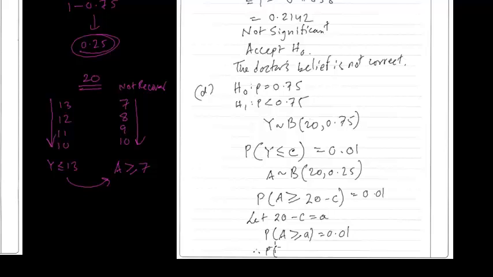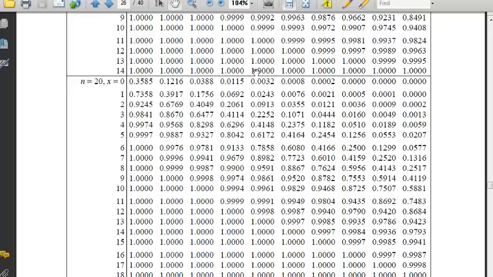Now by the discrete rule, if you want to find less than or equal to from the table, this is going to be 1 minus the probability of A less than or equal to a minus 1 equals 0.01. That means the probability of A less than or equal to a minus 1 equals 0.99. Now we have to find the closest equivalent. So this is 20 and this is 0.25.